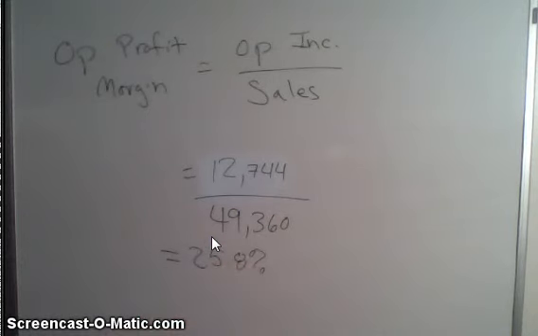It's higher because we haven't taken out interest and taxes. Interest and taxes we kind of think is out of the direct control of management. Certainly taxes are. Management can't control their taxes. But interest also, we try to break up the financing decision and the operating decisions.